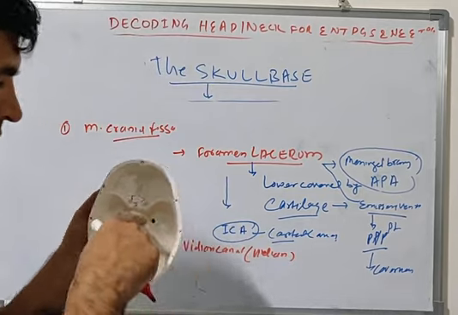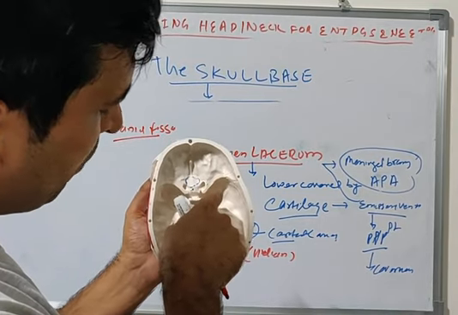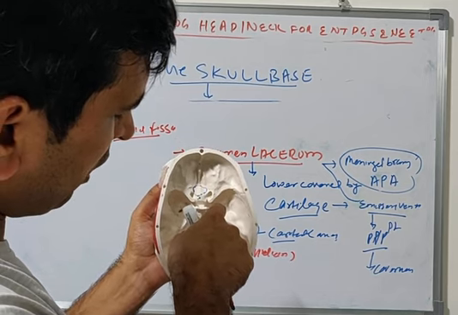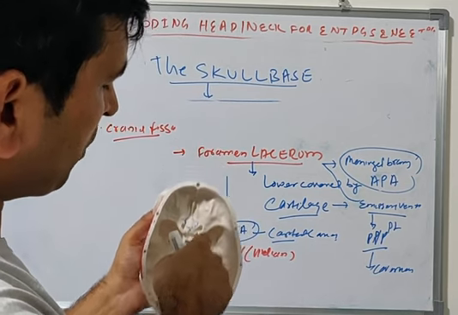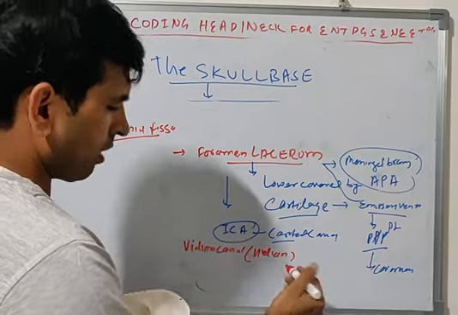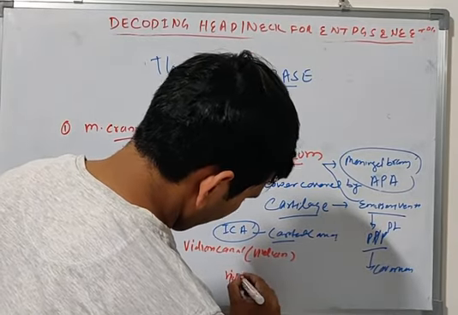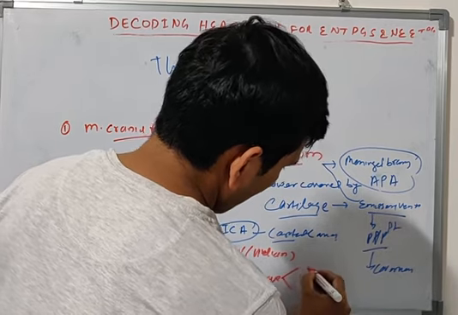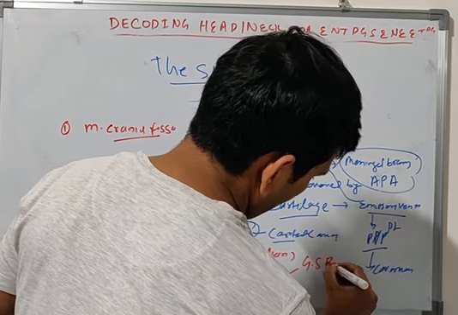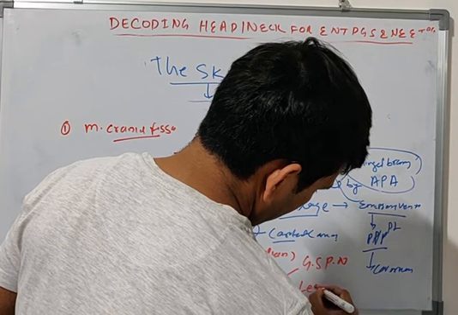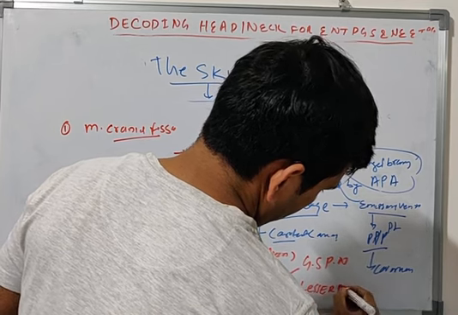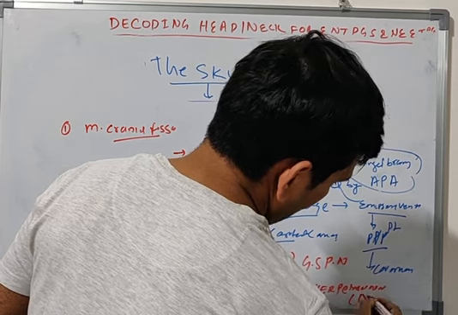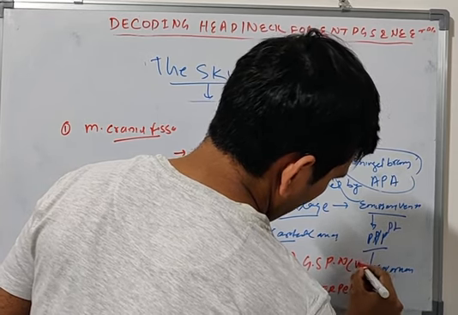Here you can see the lesser petrosal nerve coming, and one branch of the facial nerve, the greater superficial petrosal nerve, forming the vidian nerve. The vidian nerve is formed by the greater superficial petrosal nerve or lesser petrosal nerve. One is a branch of the ninth and the other is a branch of the seventh.